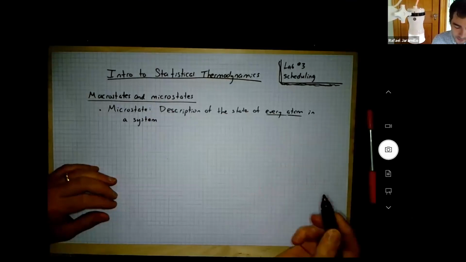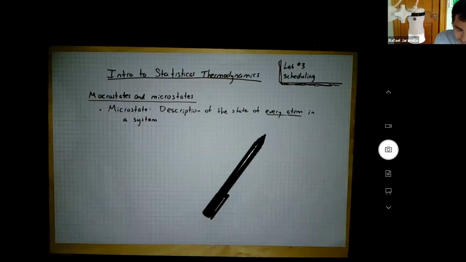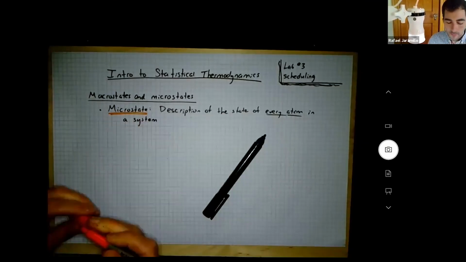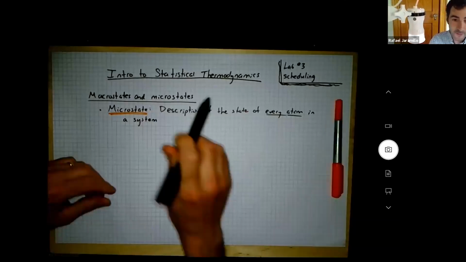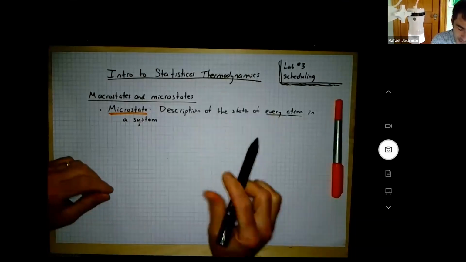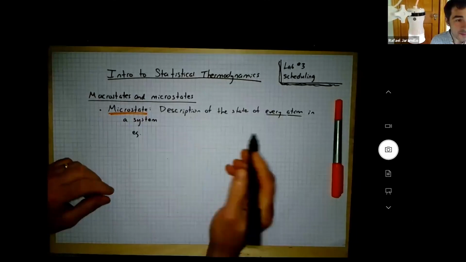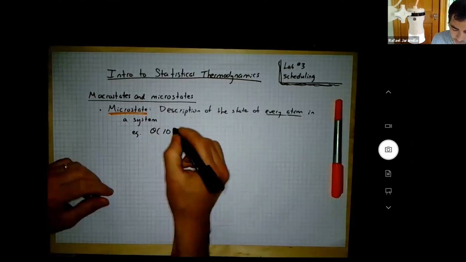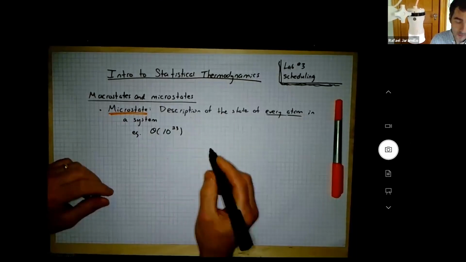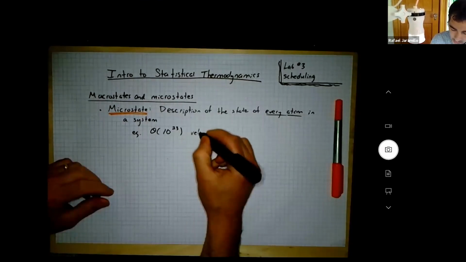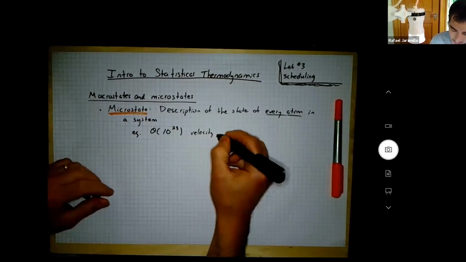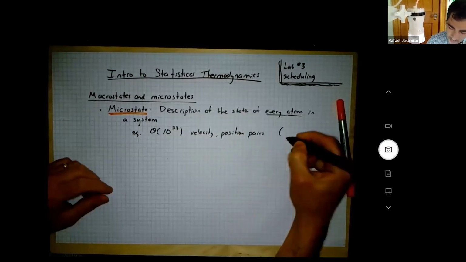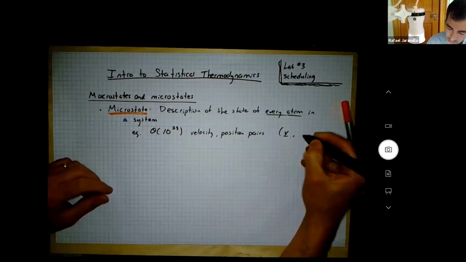So that's kind of crazy, right? That's a crazy thing to think about, describing every atom in a system. In practice, we almost never do it, but in theory, it's the foundation of this topic. So for example, if you have a mole of atoms, let's say an ideal gas, a mole of argon atoms, you have on the order of 10 to the 23 velocity-position pairs.